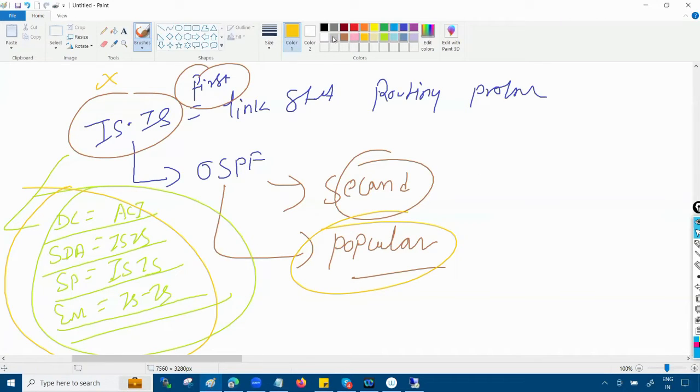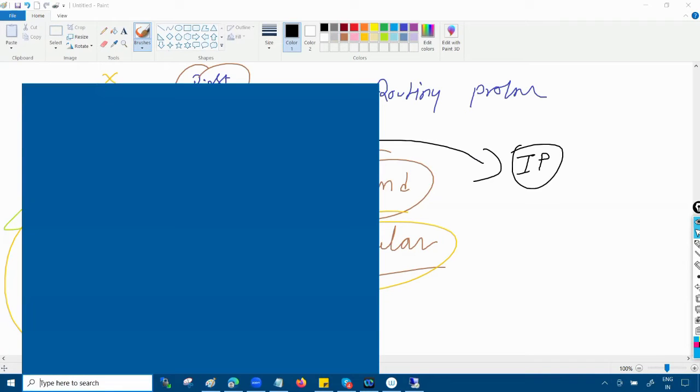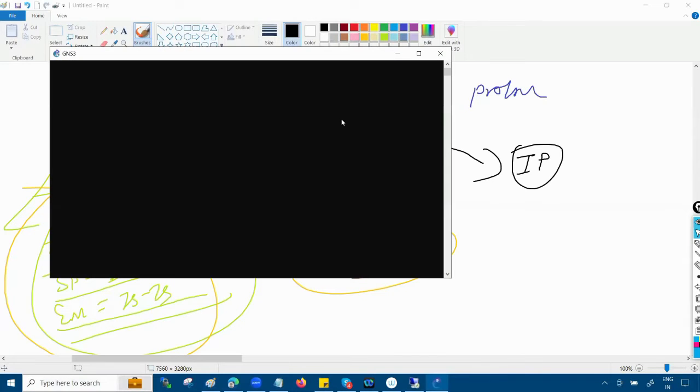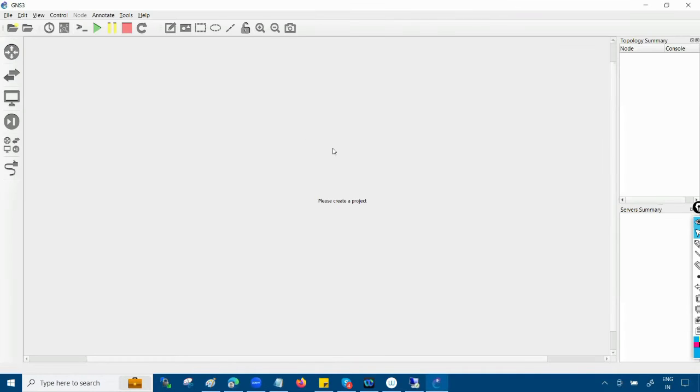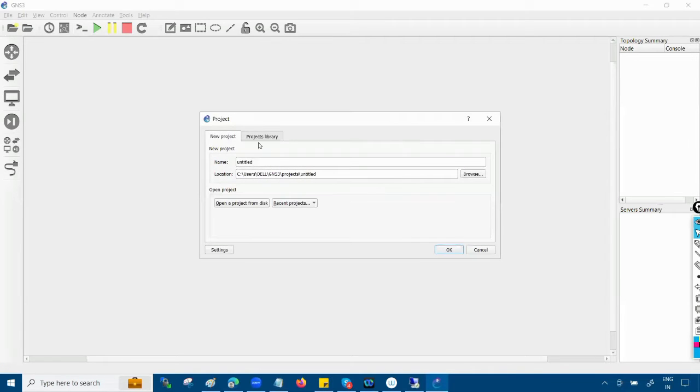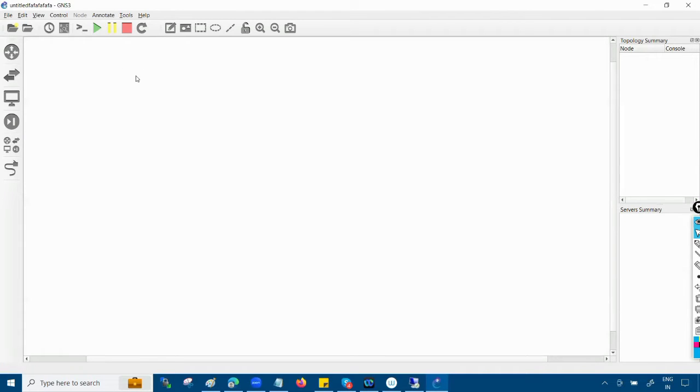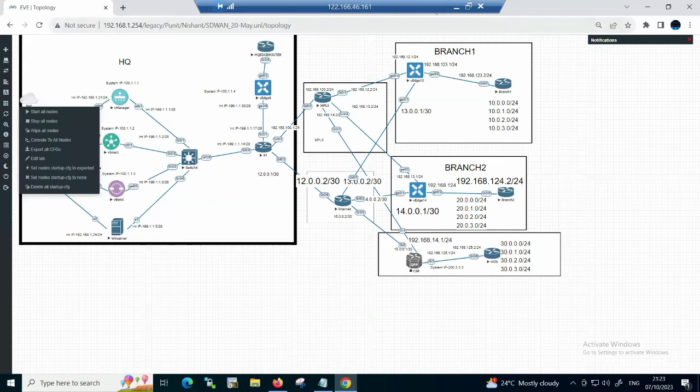The reason OSPF became popular was that the OSPF protocol was introduced only for IP. Only for IP. And that's why I'd like to show you something over here. If you go to GNS3, I can make some lab over there, but okay, leave this one for next.